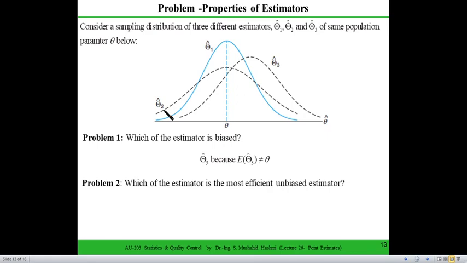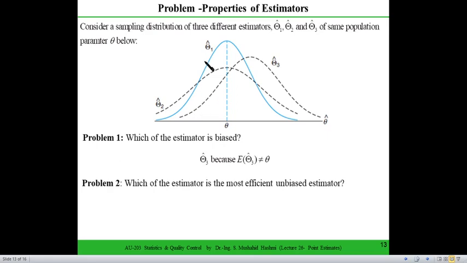You have three estimators, whereas theta 3 doesn't satisfy the first condition of an unbiased estimator, so we get rid of it. Now we need to look between theta 1 and theta 2. So we look into the second property, consistency. Both theta 1 and theta 2 satisfy consistency, in the sense that if the sample size is increasing, then the dispersion is decreasing.